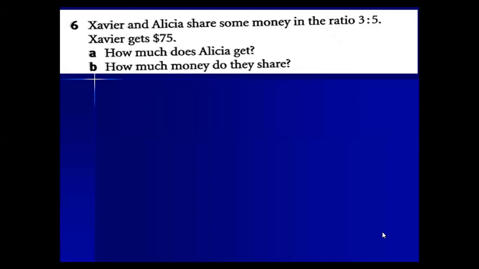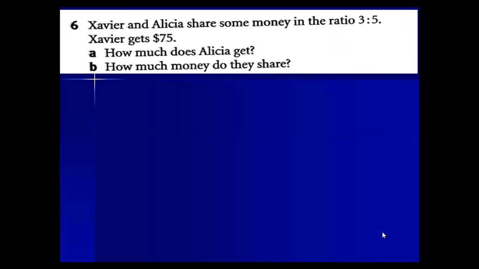Good, but let's explain a little, Muhammad. Now 3 represents Xavier and 5 represents Alicia. So if Xavier gets $75, that means 3 parts is 75.